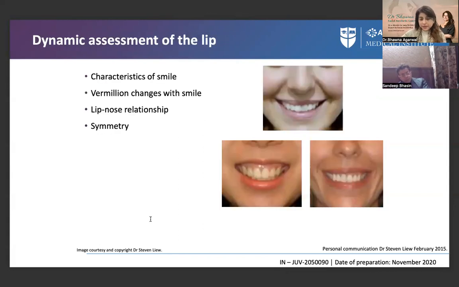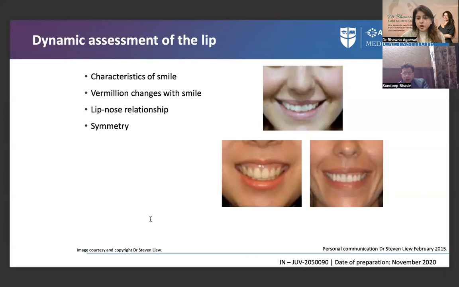Now, dynamic assessment is when the person is smiling. So how the smile is, how the vermilion changes with the smile, what is the relation between lip and nose when the person smiles, and the symmetry. Some people have this habit, which we call dynamic muscle movement.